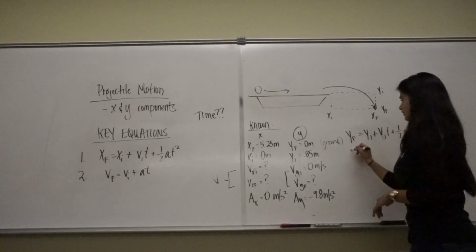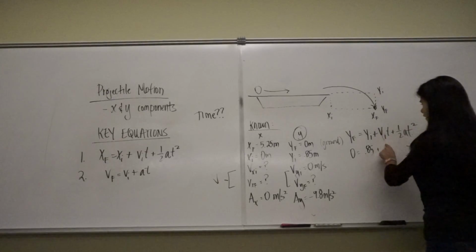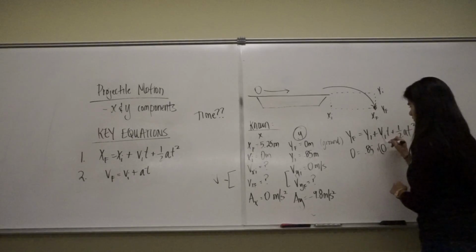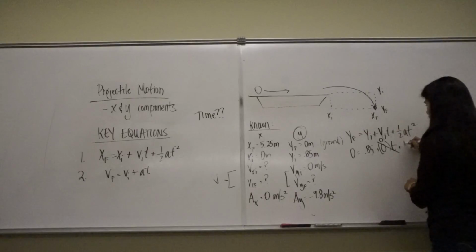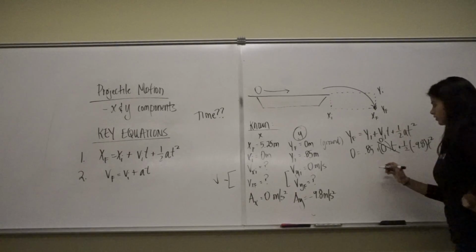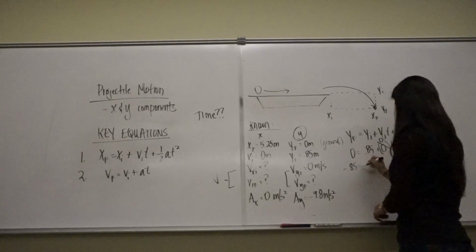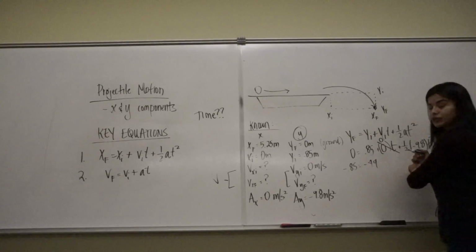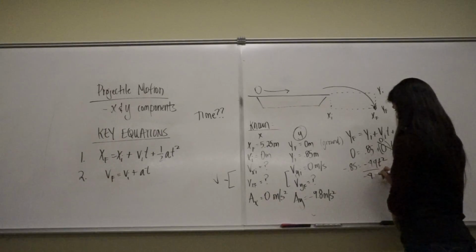Okay, so my Y final is 0. My Y initial is 0.85 plus my initial velocity is 0. We talked about that right here, T, so that's going to end up being 0 plus 1/2 negative 9.8 T squared. So what I have here, I'm going to bring this over to this side. That's going to be negative 0.85. This is going to be negative 4.9 because you're dividing negative 9.8 by 2, T squared. So I'm going to divide both sides by negative 4.9.